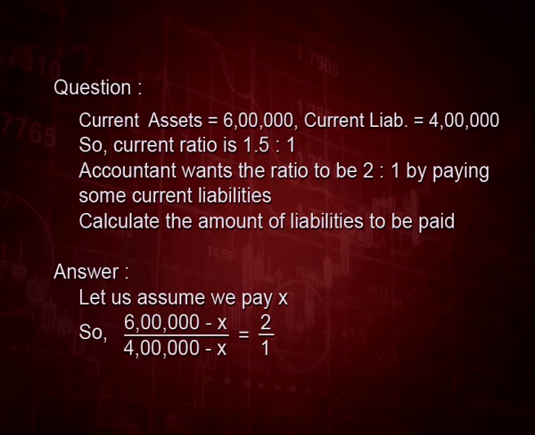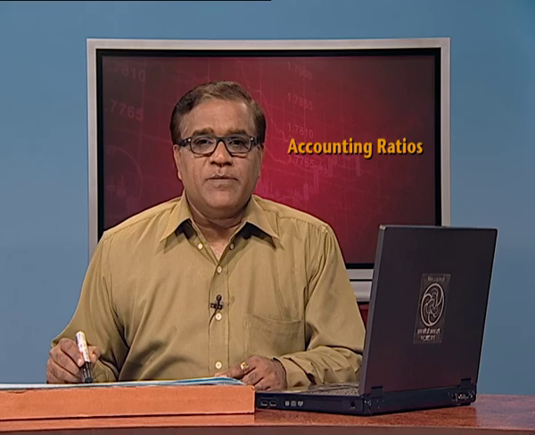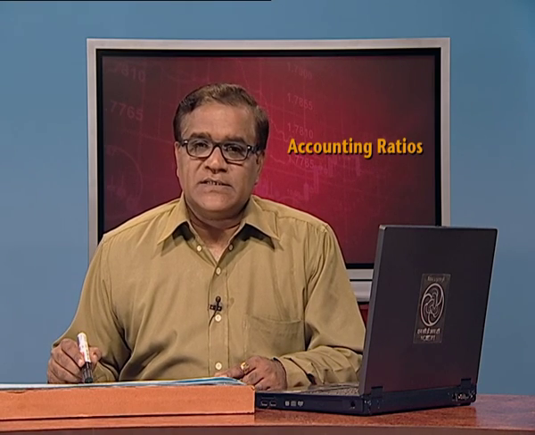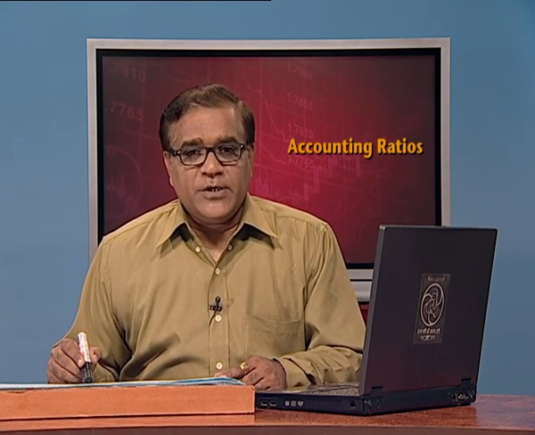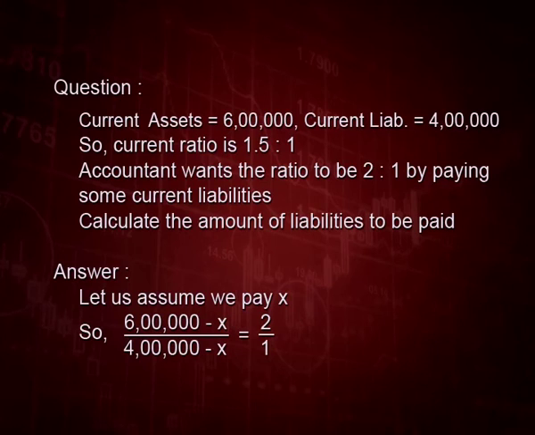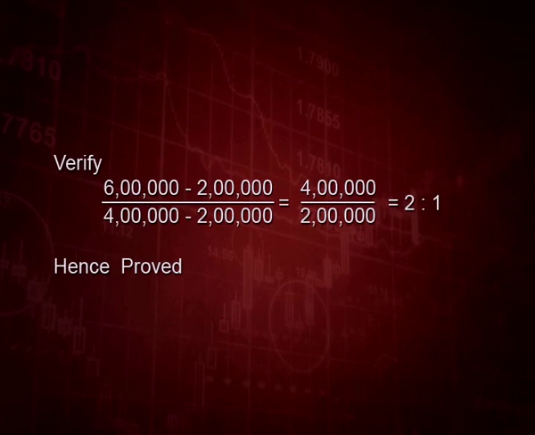So, 6 lakh minus x upon 4 lakh minus x should be equal to 2 upon 1. By cross multiplying, you will get x as 2 lakh. So, if we pay 2 lakh, it will be 2:1. Let us verify. 6 lakh minus 2 lakh is 4 lakh and 4 lakh minus 2 lakh is 2 lakh and 4 upon 2 is 2:1, hence proved.